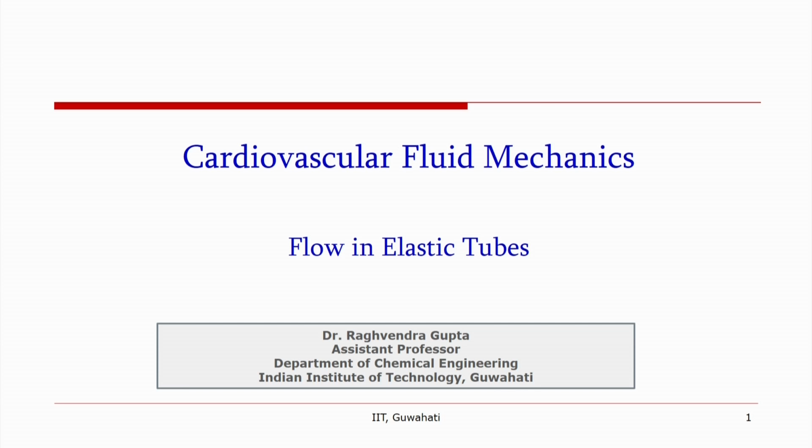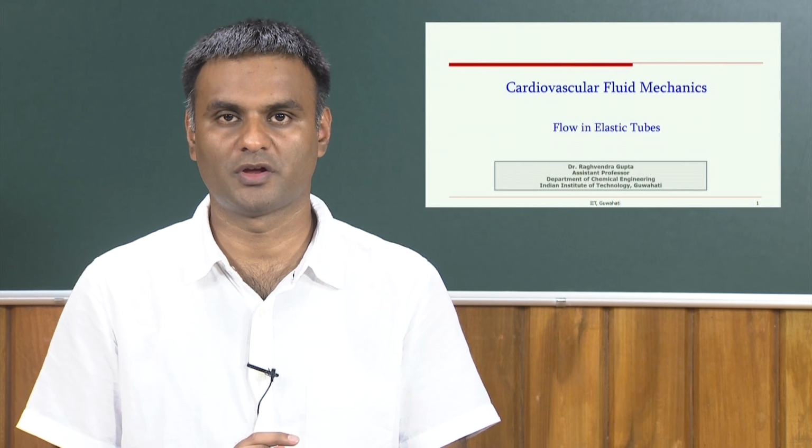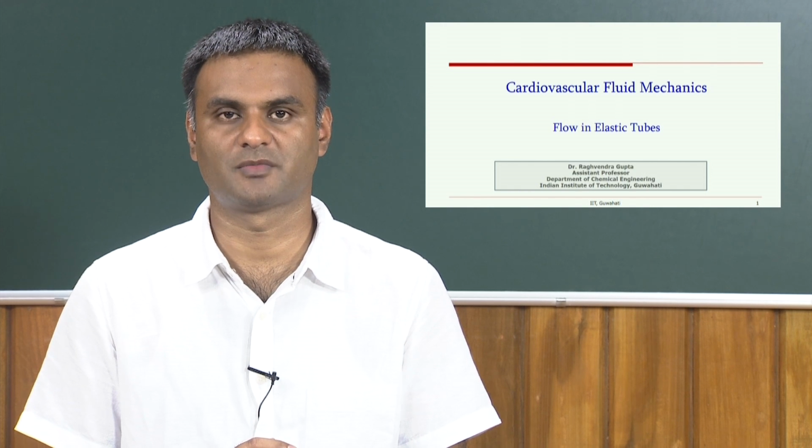We have looked at flow in rigid tubes because, as an approximation, the flow in a rigid tube can give quite a significant amount of information about flow in the cardiovascular system.